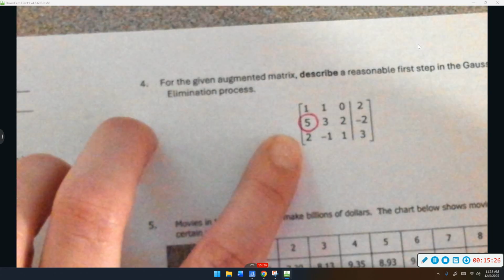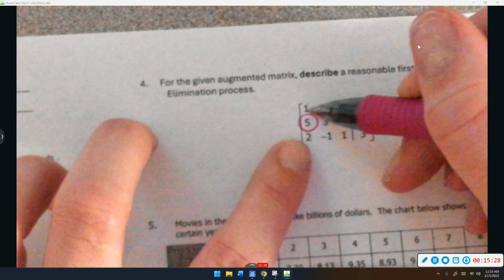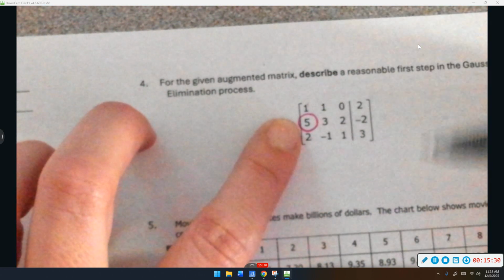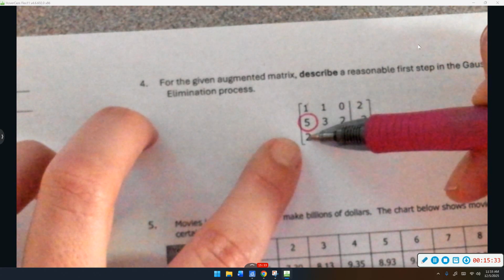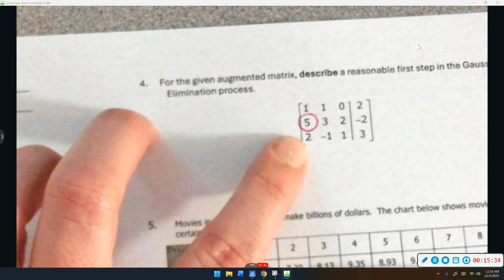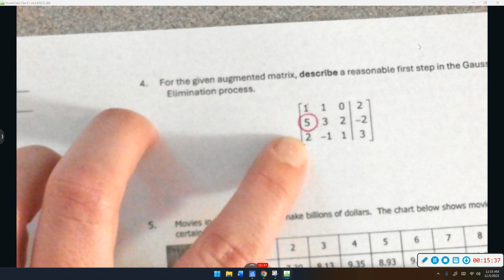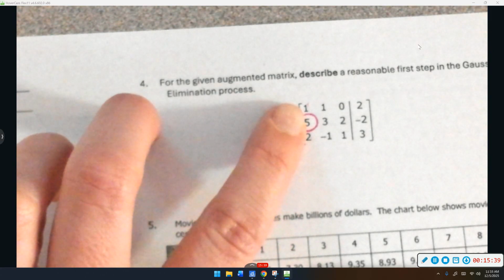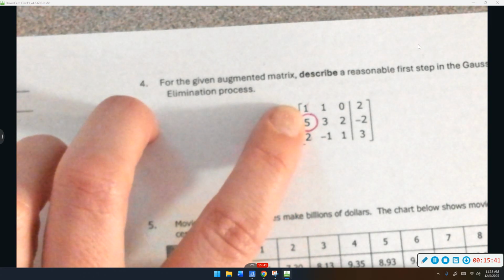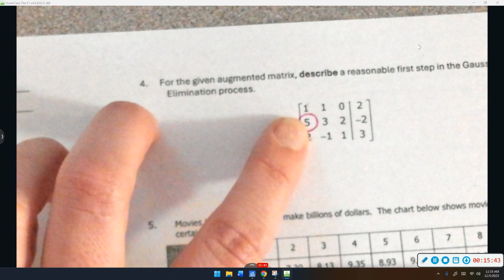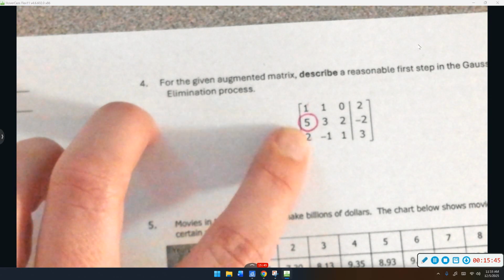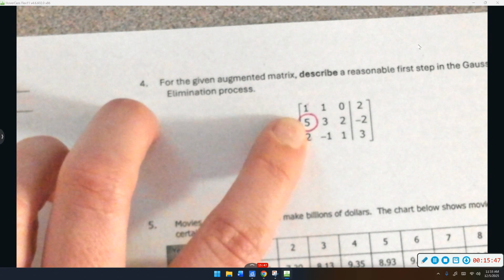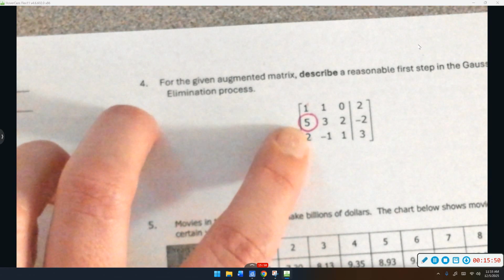What number in the same row would help me make a 0 pair with 5? Does 1 help me do that, or does 2 help me do that? I want to create a 0 pair. So can I multiply 1 by something to make a 0 pair with 5? Yeah, I can multiply 1 by -5. I can't multiply 2 by anything that's going to cancel out the 5.